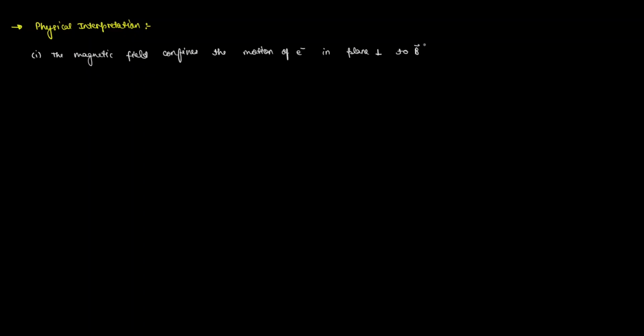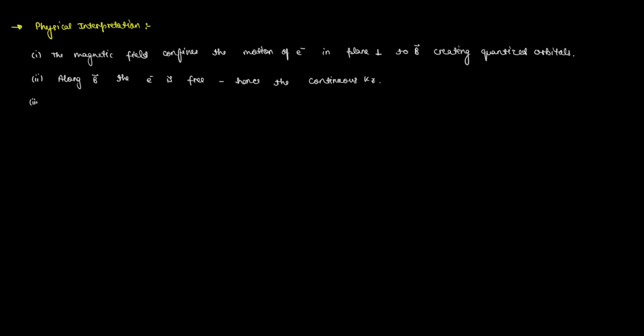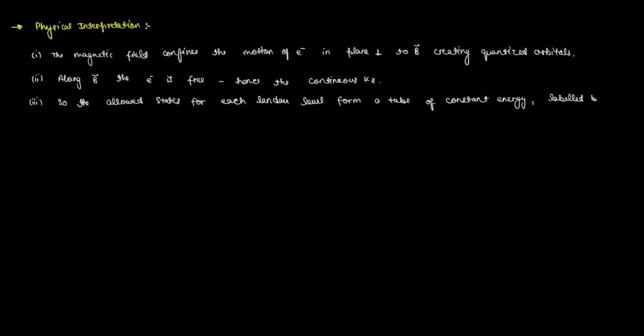So let's try to understand the physical interpretations. The first one is that the magnetic field confines the motion of electron in the plane perpendicular to the magnetic field, creating quantized orbitals. And along the field direction, the electron is free, hence there are continuous values of kz, so that the allowed energy states for each Landau level form a tube of constant energy labeled by value L and extending along kz.